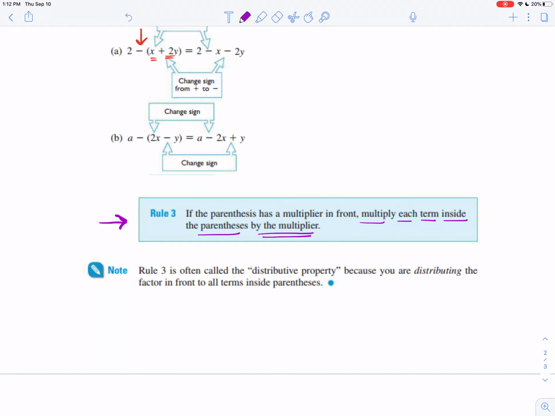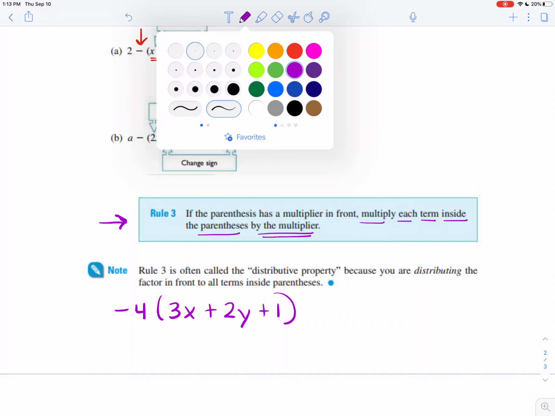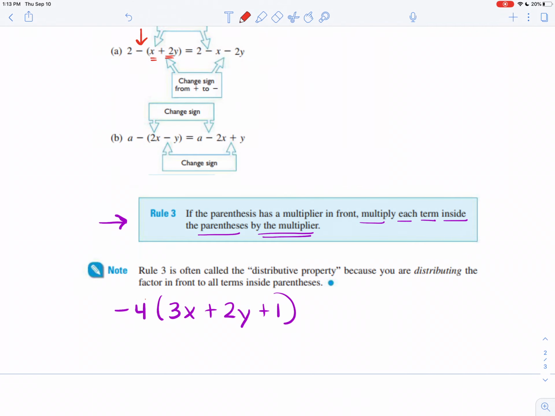All right, so for example, let's say I have a negative 4, and then in parentheses, I have a 3x plus 2y plus 1. All right, in order to get rid of those parentheses, I have to take this multiplier and multiply it by every term inside parentheses.